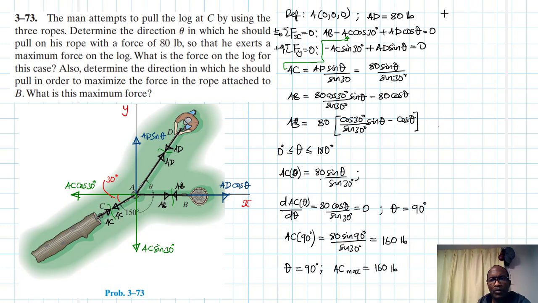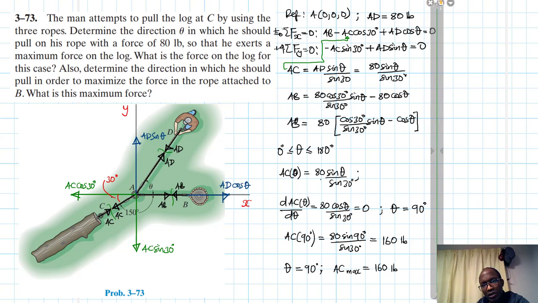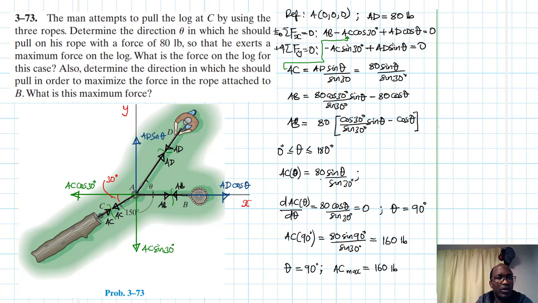Alright, we found one case. We have two cases. Let's find the other one. The other one says we also find the maximum force in AB. So again, we're going to use the derivative.